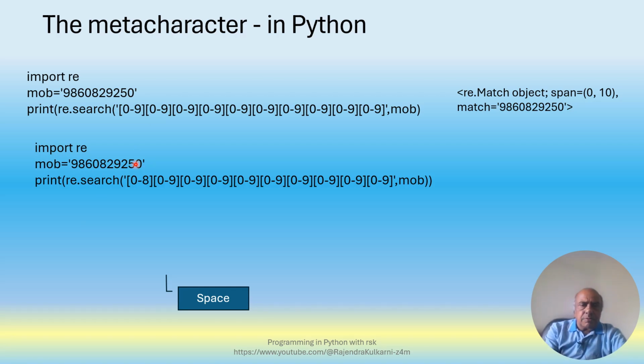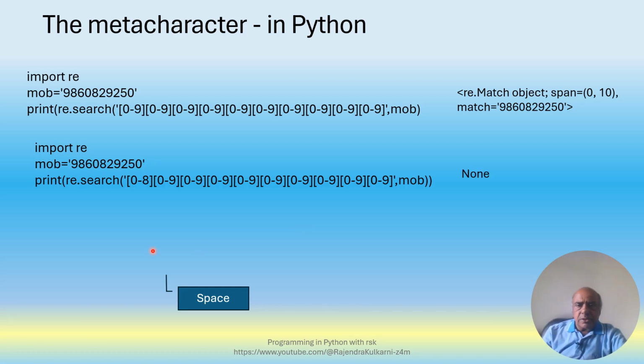The same mob string we are trying to match with a criteria where the first character we are trying to match is 0-8 and all others are 0-9, and we are trying to find out whether there is a match in the mob string.